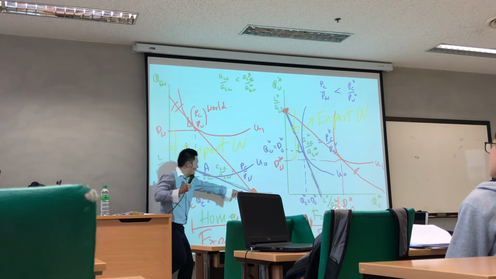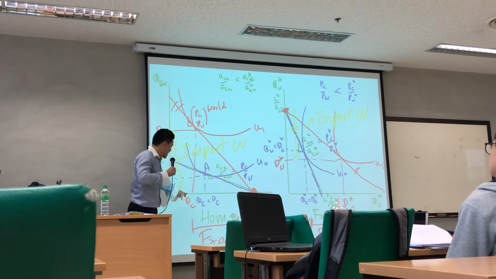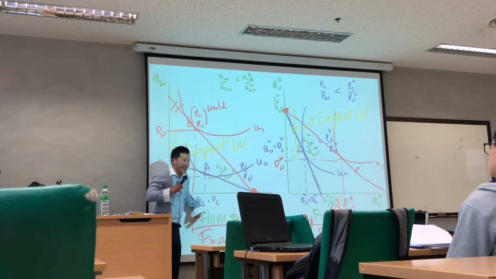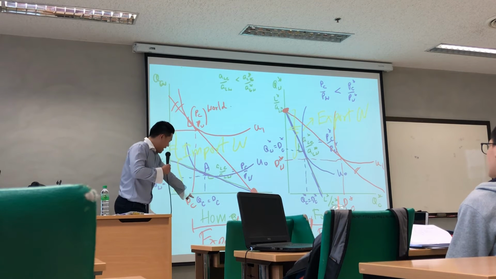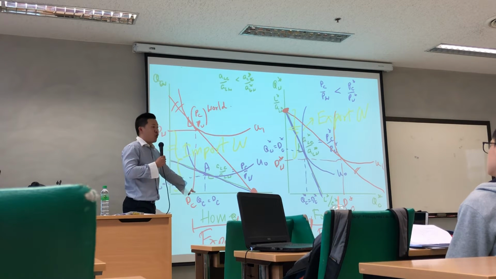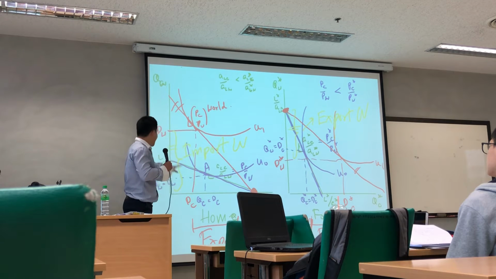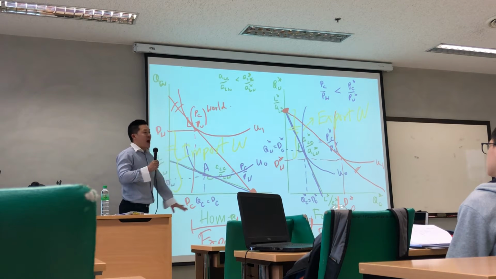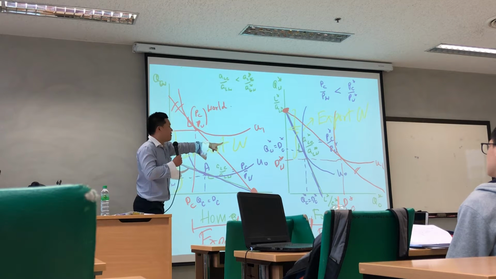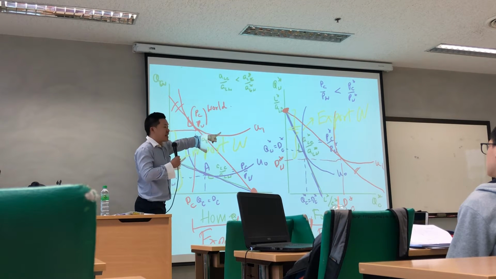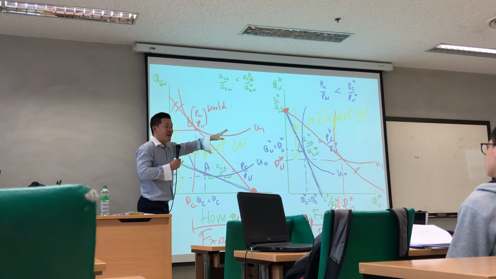Then this is the production point of cheese, and this is the consumption point. So this is the export volume, right? Home exports cheese to foreign, and this is the import of wine from foreign. For foreign, after trade, foreign produces only what?